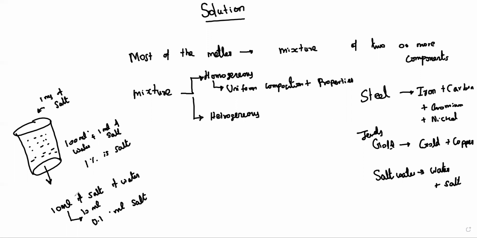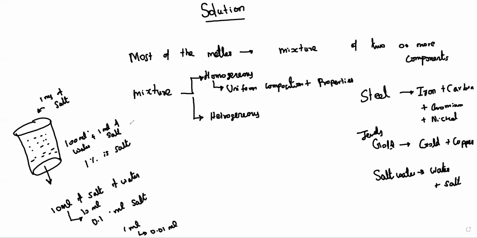So you can take 10 ml, or if you take 1 ml of salt water, you will be having 0.01 ml of salt. So this is what is called uniform composition. Anywhere you take just a small strip of water, the amount of salt mixed in that small portion will be the same only.